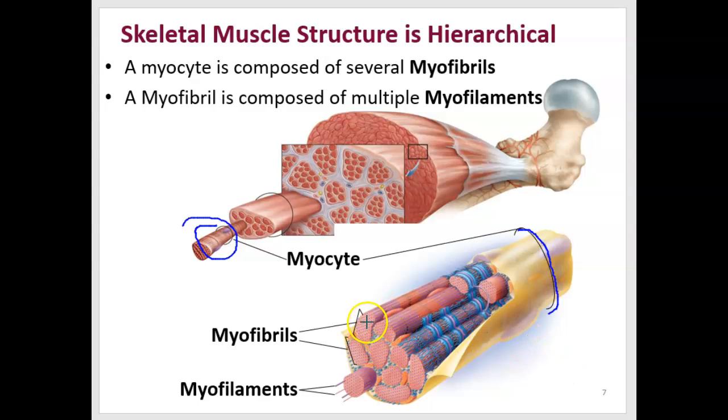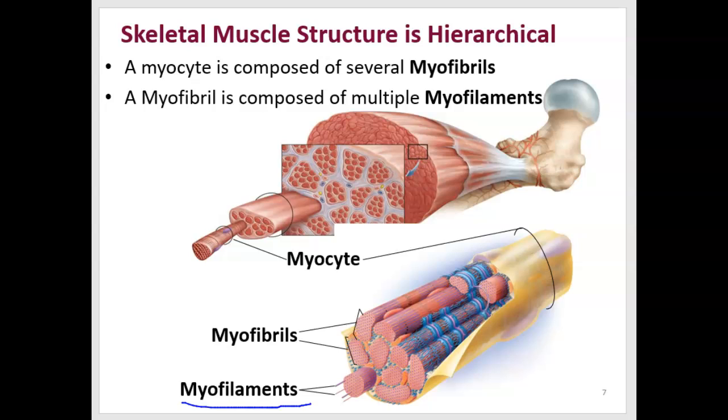So this particular muscle cell has 1, 2, 3, 4, 5, 6, 7, 8, 9 myofibrils. Each myofibril even has repeating units called myofilaments, and those are contractile proteins, which we'll talk about later when we do function.